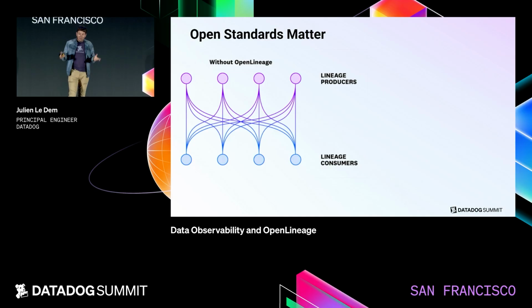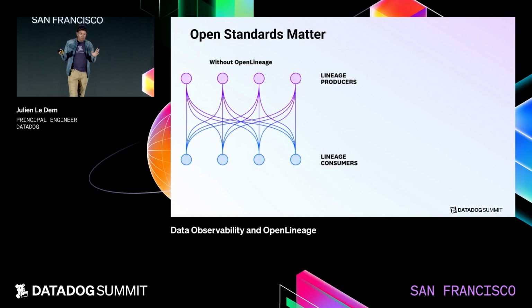And so before, the way lineage consumption would happen, you would have a lot of lineage consumers, like maybe data catalog, maybe they worry about compliance, maybe they worry about data reliability. And you have this common quadratic problem where all the consumers need to talk to all the producers, and there's lots of reverse engineering happening, right? All the various producers have some notion of lineage, but it's usually all very specific.